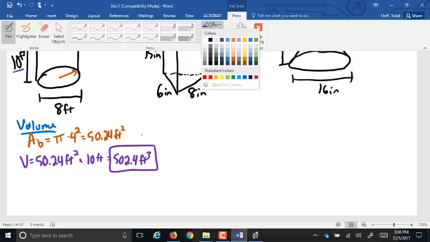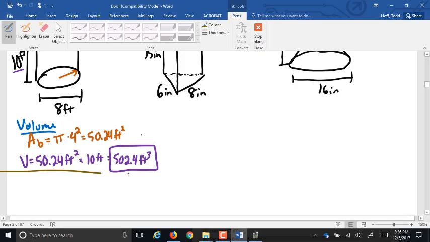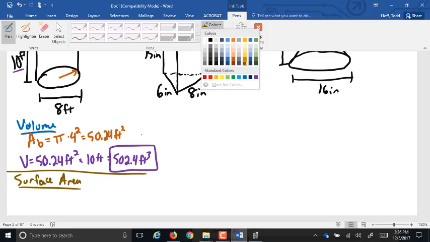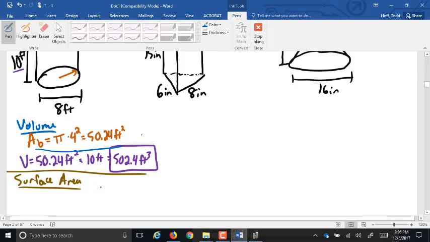For surface area, we have the area of the base, 50.24. In fact, we have it twice because there's one on top as well.